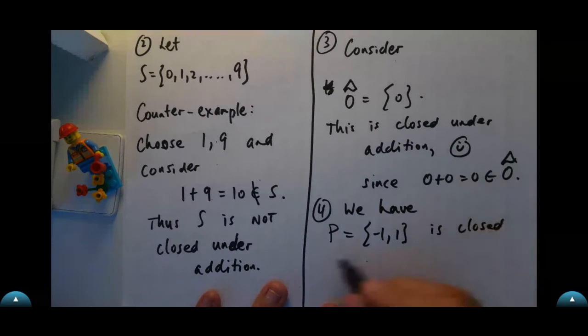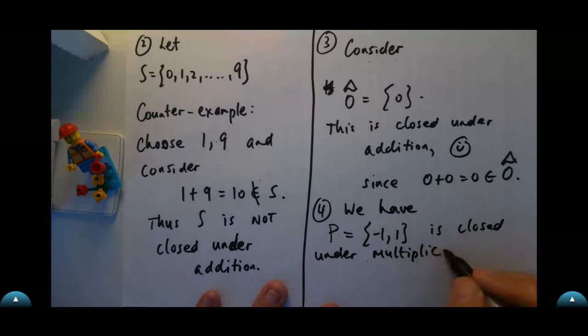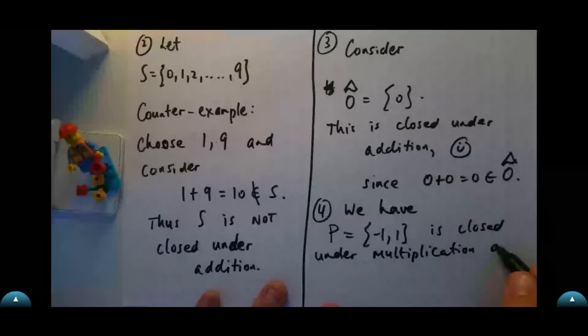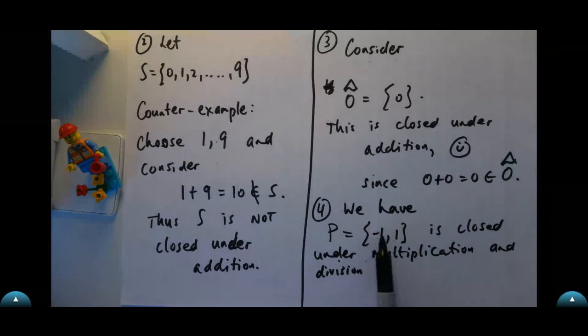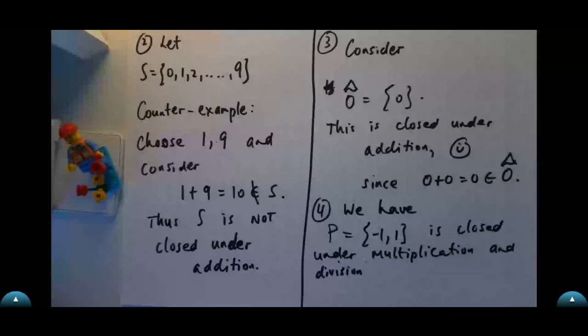It is closed under multiplication and division. Why? Because if you multiply this with itself or this with that, you either get +1 or -1. Okay?